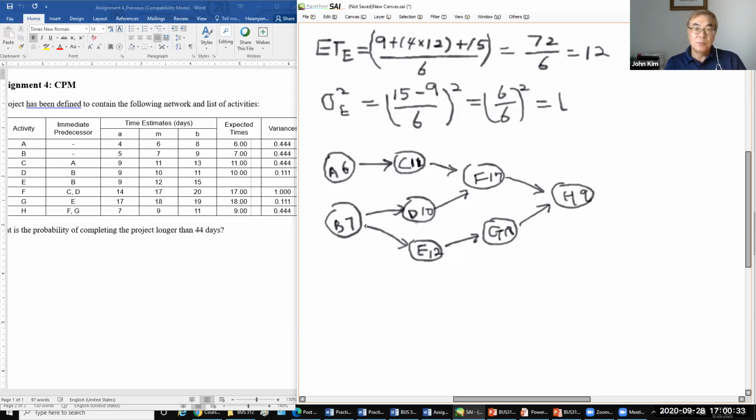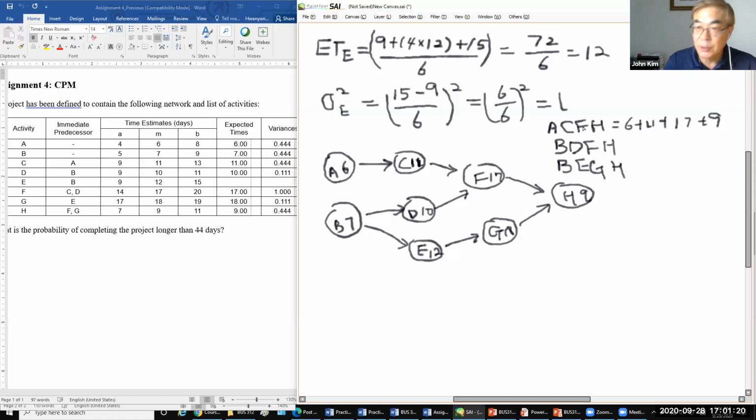So there are three possible paths here. A, C, F, H. The next one, B, D, F, and H. And the last one, this path, B, E, G, H. So 6 plus 11 plus 17 plus 9 is 43.